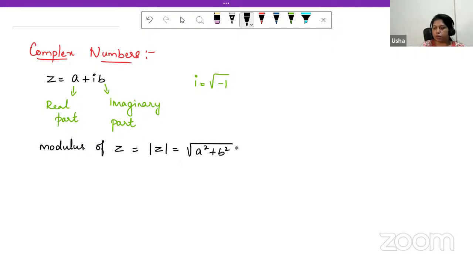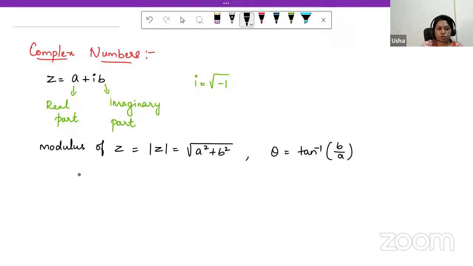If you want to find it in the angular form, the analytical geometry form, you will also need to find theta. So theta is equal to tan inverse b by a.